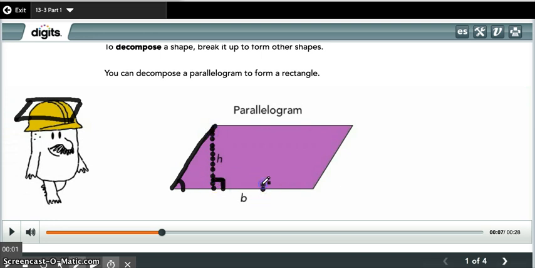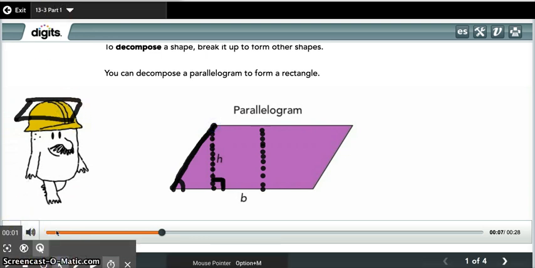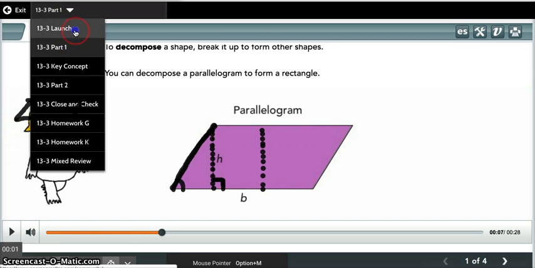And that height is going to be the same right where it originally was drawn and where I'm drawing it right now. This height is going to be the same no matter where you slide it, but you cannot use this diagonal piece.